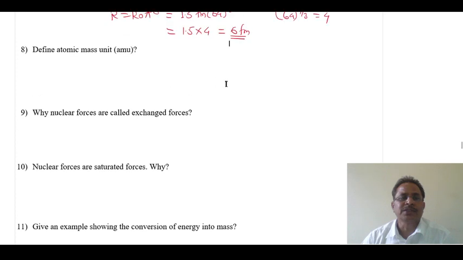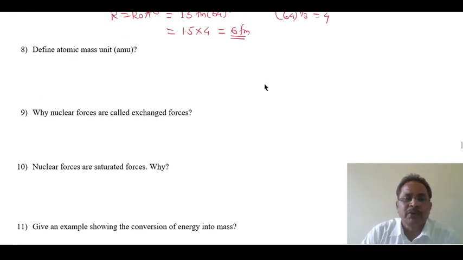Again we are coming across the same question: define atomic mass unit or AMU. That is what we have discussed in the first question. 1 AMU is given by this standard method, that is the mass of the 6C12 carbon atom in kilograms, divided by the total number of nucleons contained in it, 12.